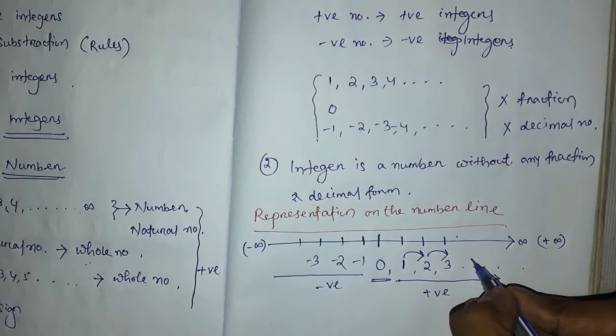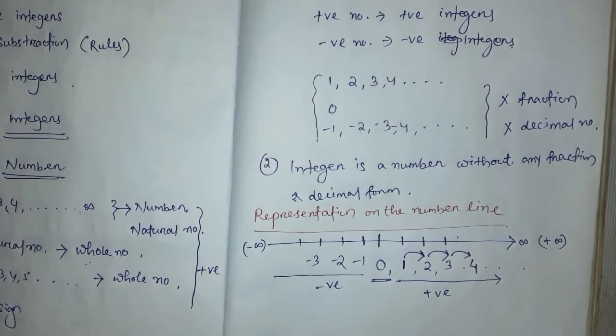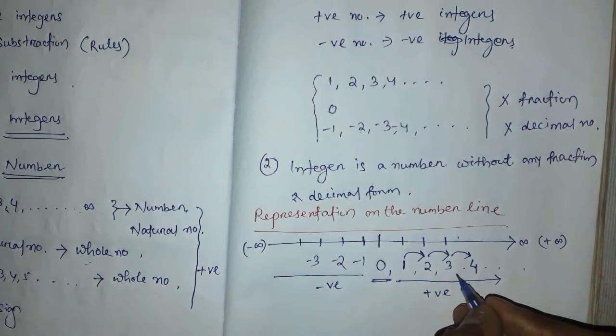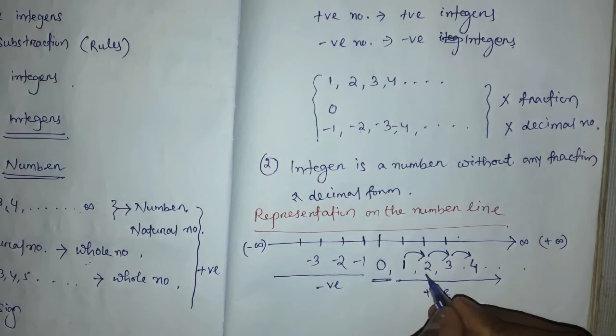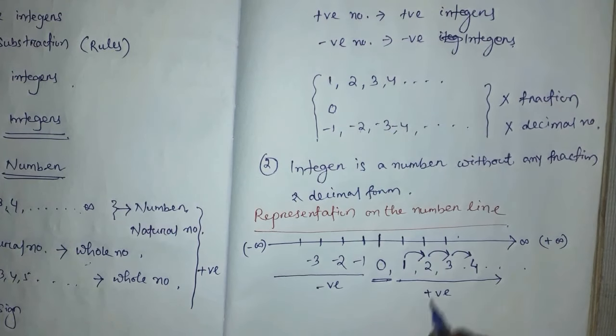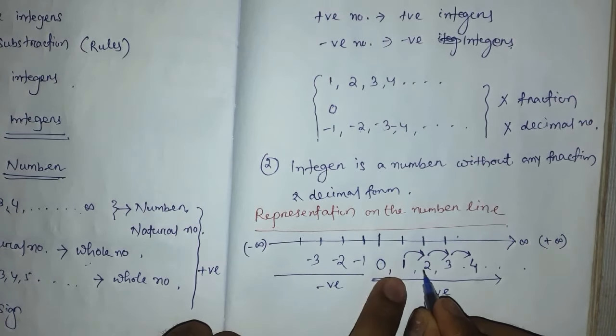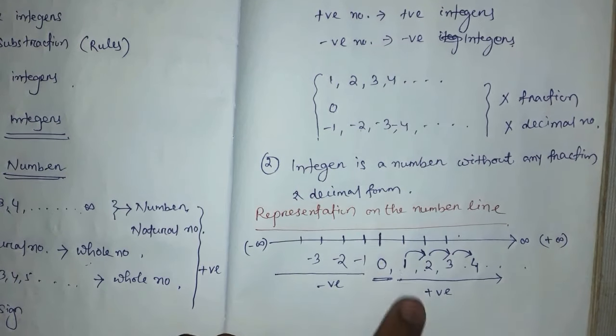Then the next number will be 4, and 4 is greater than 3. So from here we can know that the next coming number is always greater than the before number or the previous number on the positive side. If we consider only the positive side, then the next number is always greater than the previous number.